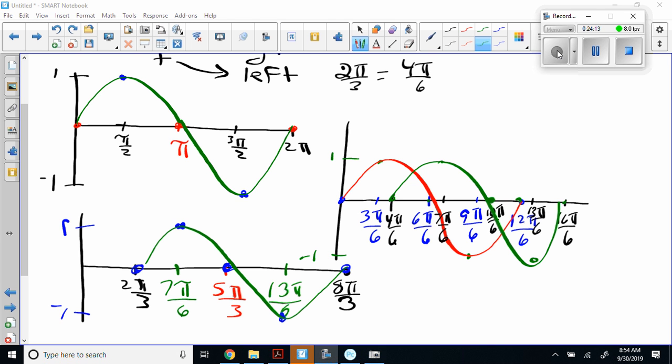Hey, have a seat. On your sheet right there, 1, 2, 3, and 4 all have the periods not affected, right? You understand?